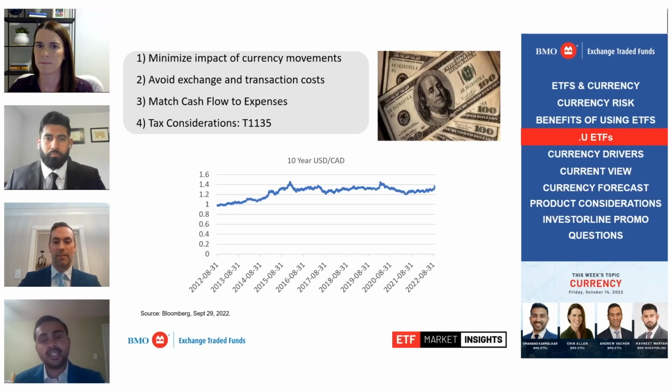Another benefit is, we know during winter times Canadians like to travel to Florida for the warm weather. They have vacation properties there, so they do have expenses in US dollars. So by investing in the .U ETFs, they are able to match the cash flows they receive from the ETF to their expenses without worrying about any conversion fees.